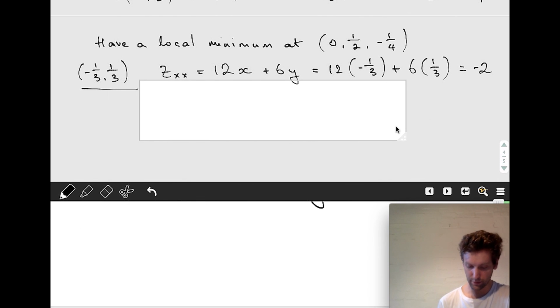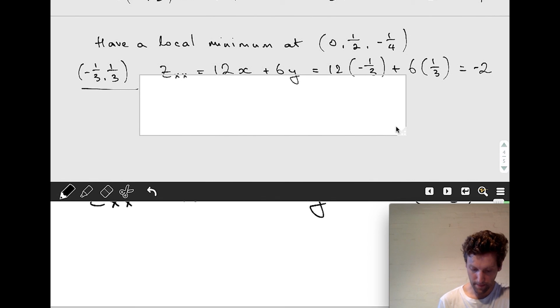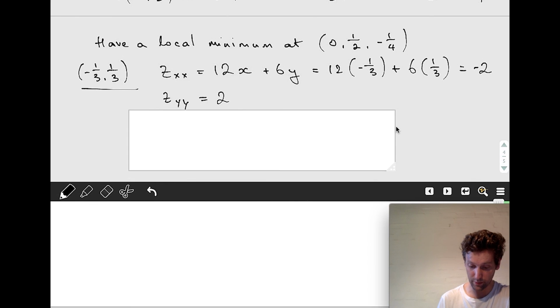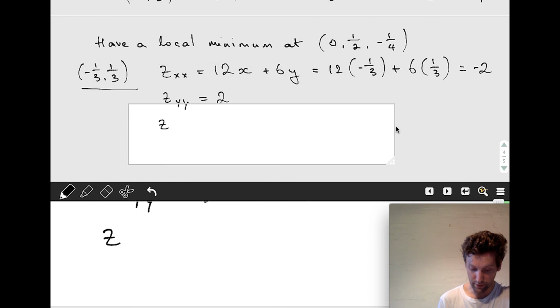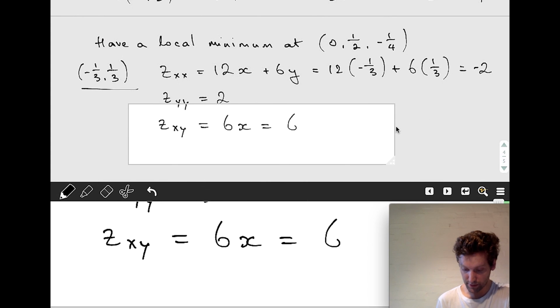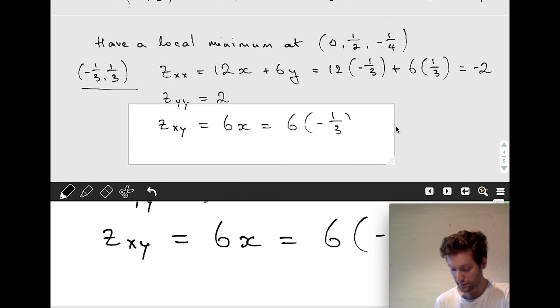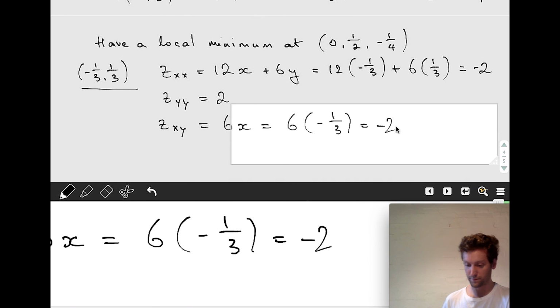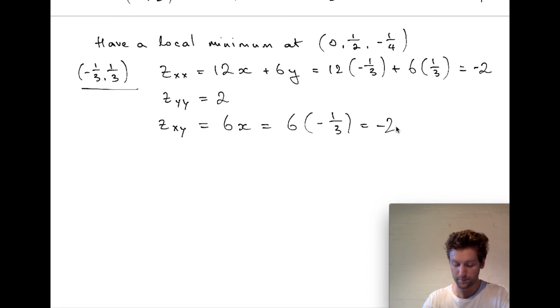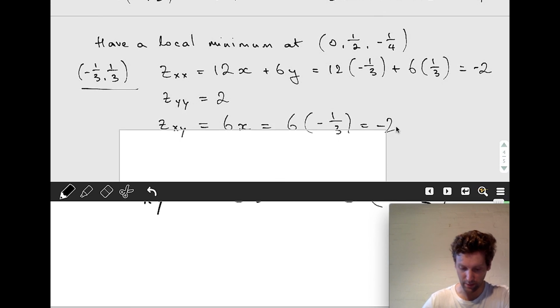We've got the second derivative of z with respect to y. That was just equal to 2, it didn't depend upon x and y. And we've got the mixed derivative, zxy is equal to 6x, which is 6 times minus a third, which is minus 2. Alright, so let's put those into D, to see if this is a maximum, minimum or saddle point.